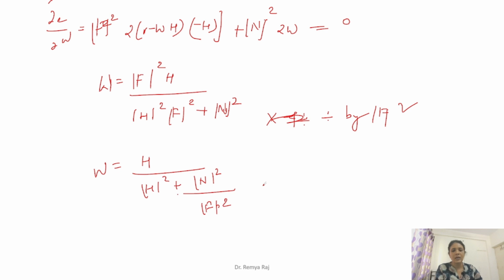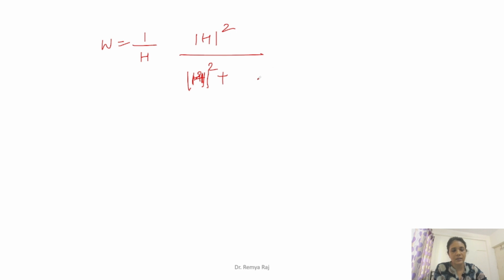Now next what you have to do is multiply and divide this particular equation by h. Then you will be getting W is equal to 1 by h, h square by h square plus n square by f square.